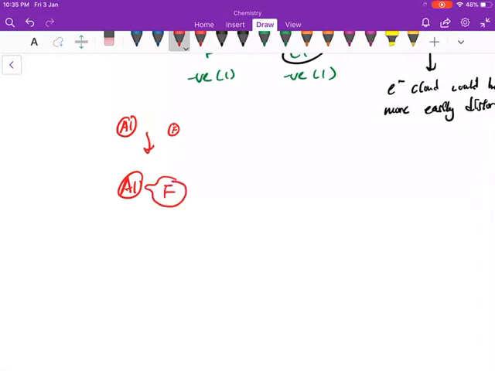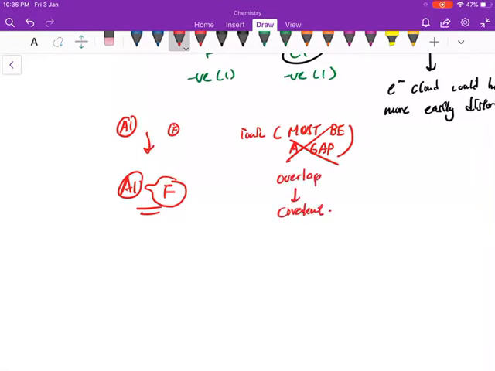So we can see that there's quite a lot of distortion here, but they're not quite yet merged together, because as we know, for ionic bonding, there must be a gap. It's like a must. If there's no gap and there's an overlap of the electron cloud, it becomes covalent.